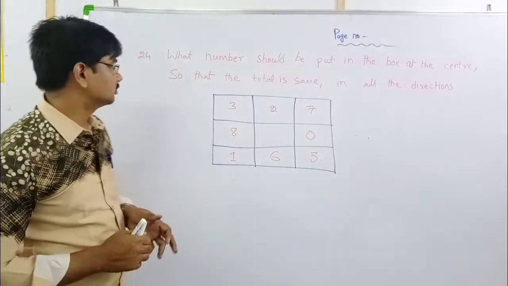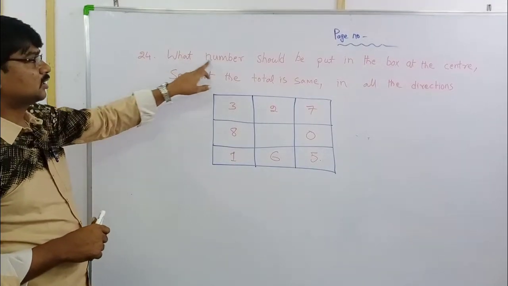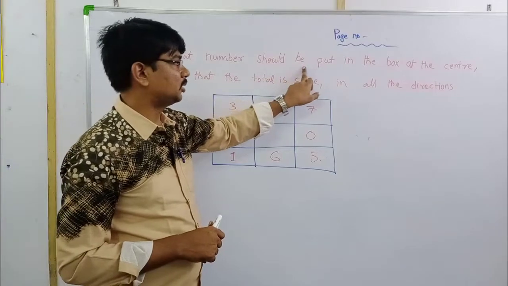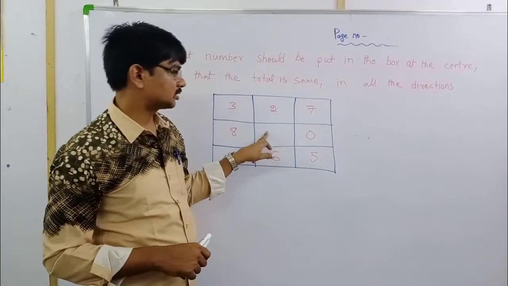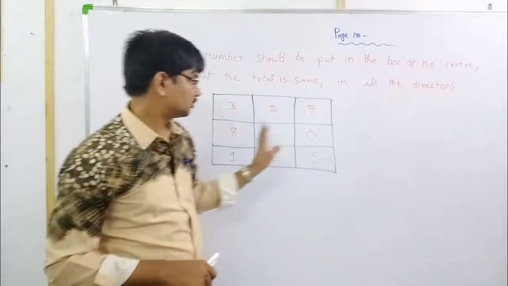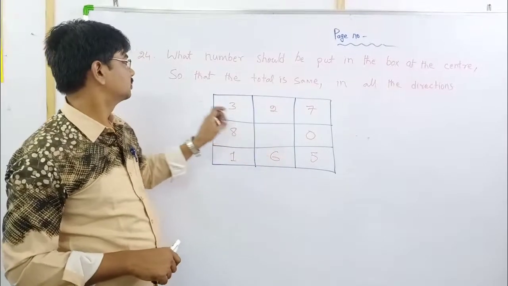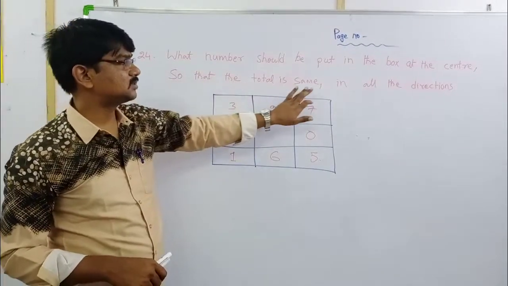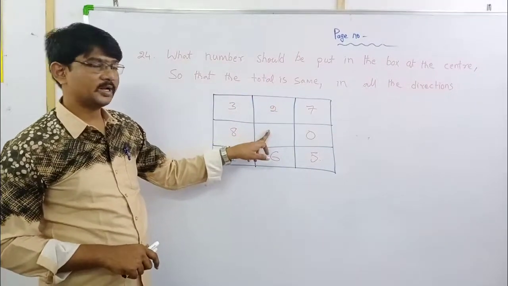Next question number 24. What number should be put in the box? Okay, one box is here, right? At the center, the box is given, at the center it is empty, right? So that the total is the same in all directions. We need to put a number here.